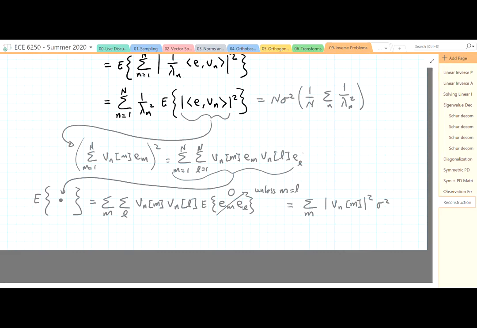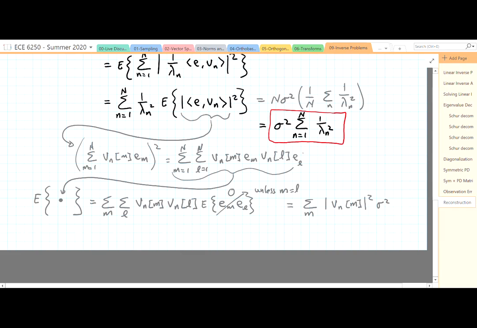Let's write it this way, is equal to sigma squared, the n's cancel, times the sum from n equals 1 to n of 1 over lambda n squared. So we took the variance that we had before, and that makes sense.